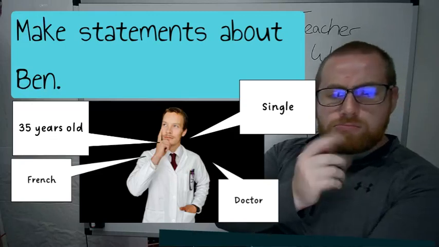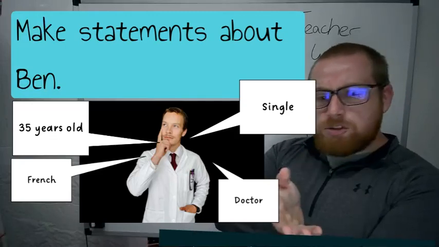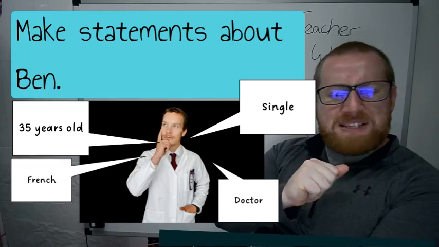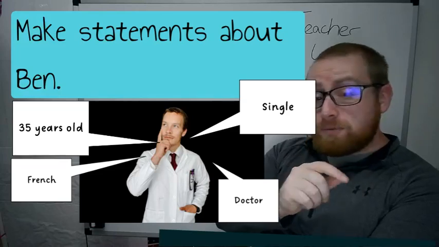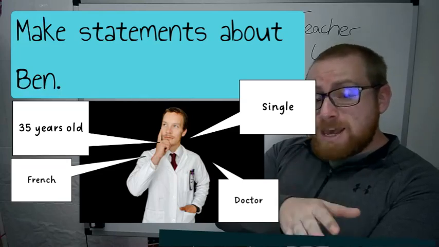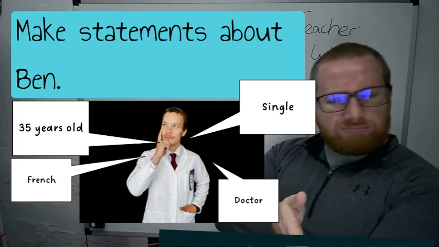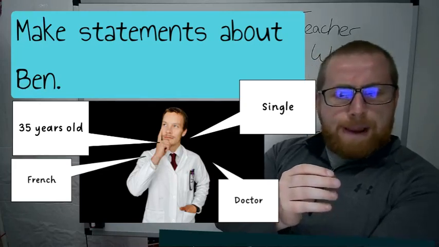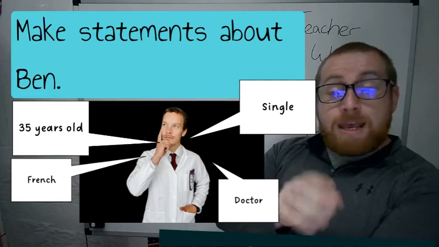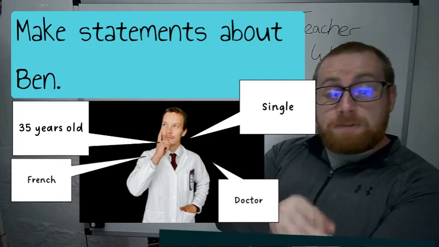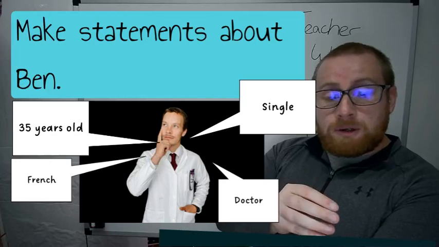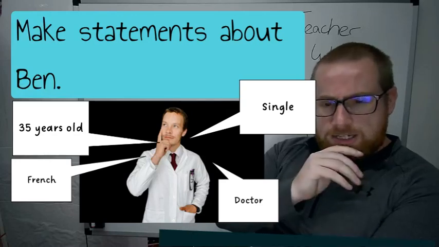Now, what could we say about Ben? We could say his age. So, how do we form this sentence? Using the structure from the previous slide. He are, he am, he is 35 years old. Let's try again with the nationality.